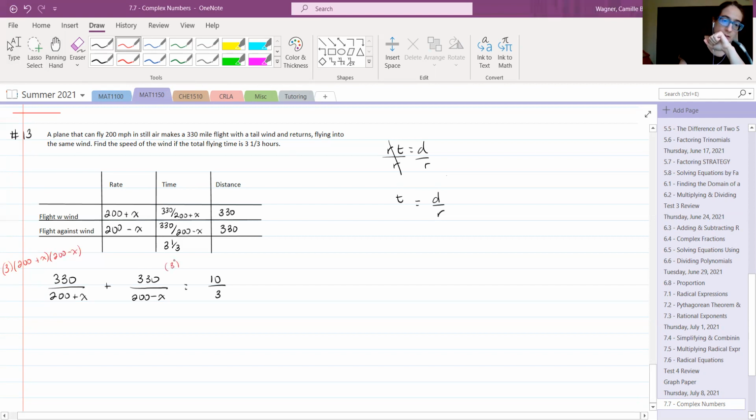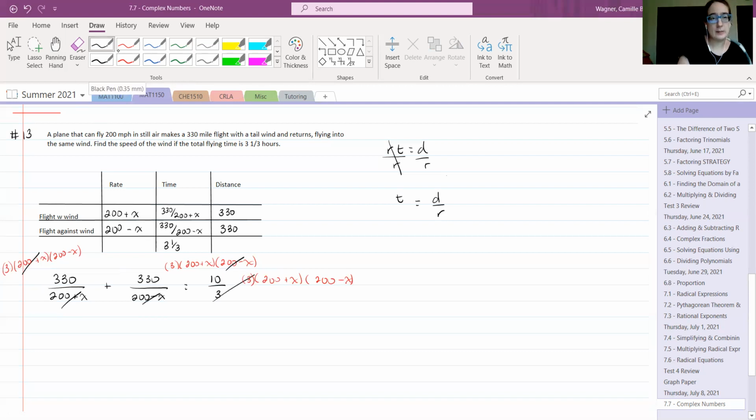Now we have 3 times 200 plus x times 200 minus x. And here we have 200 plus x times 200 minus x. Oh, and I forgot our 3 here. These are going to cancel. These are going to cancel. These are going to cancel.